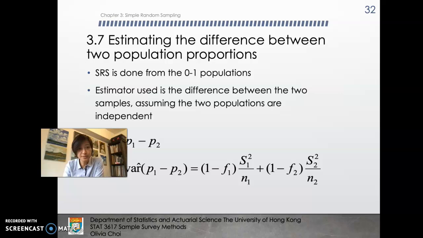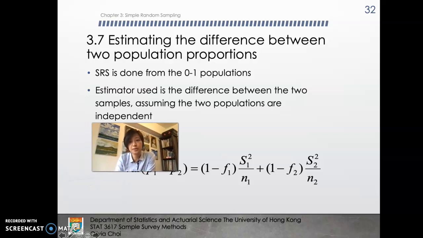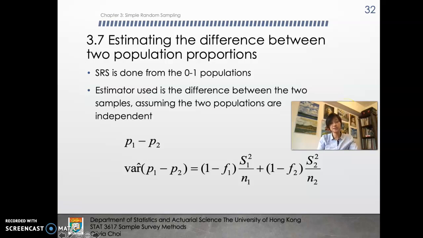Estimate the difference between two population proportions. Okay, so this is quite straightforward. That's assuming the two populations are independently distributed, then similar to the Y bar case, we can simply subtract one proportion from the second proportion, and see if this is significantly different from 0, then we can conclude whether the two proportions are significantly different, right?